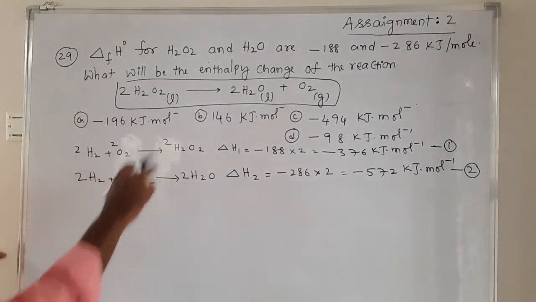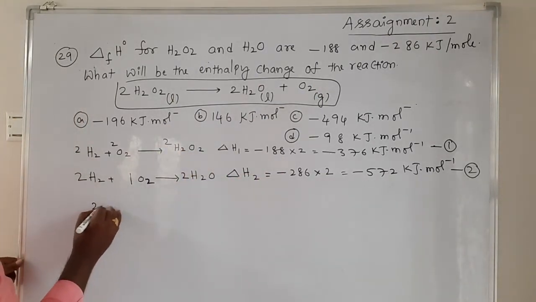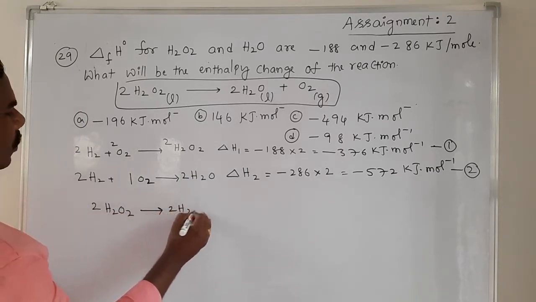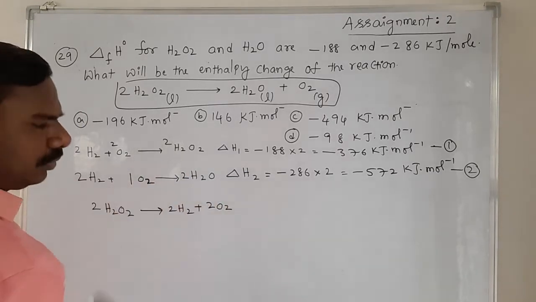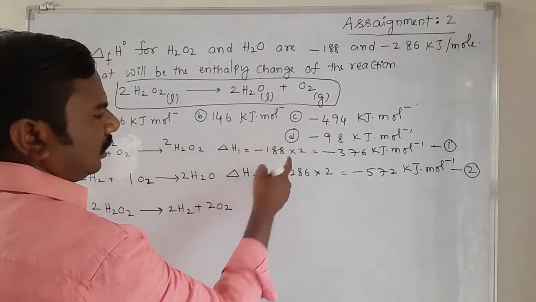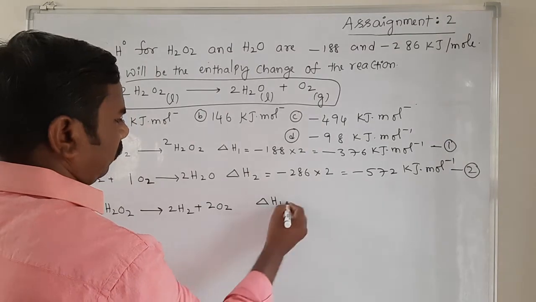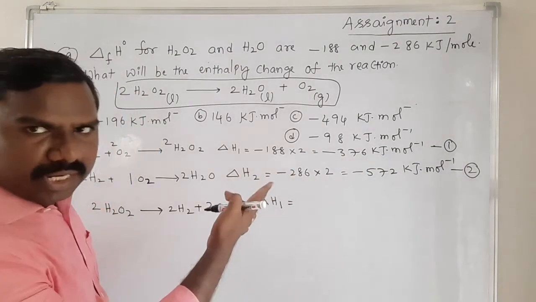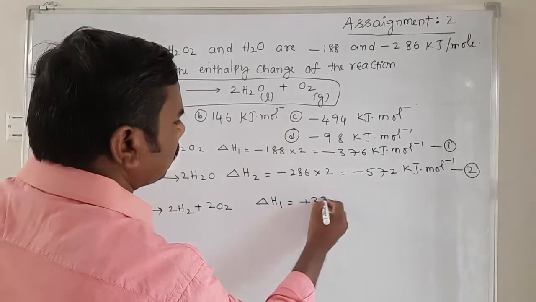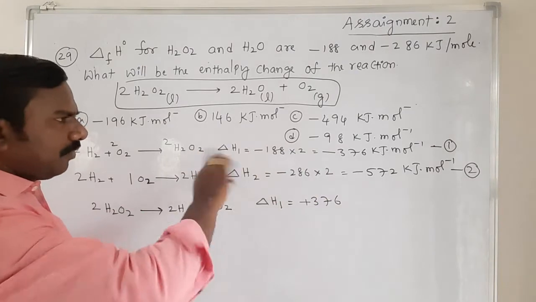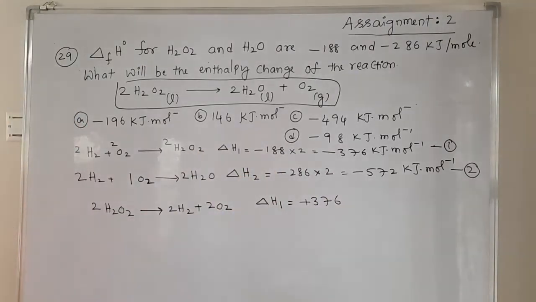When I flip the first equation, you get 2H2O2 gives rise to 2H2O plus O2. Then delta H1 will be minus 376, flipped it is, that's why plus 376. If it remains the same, minus. If flipped, minus becomes plus.